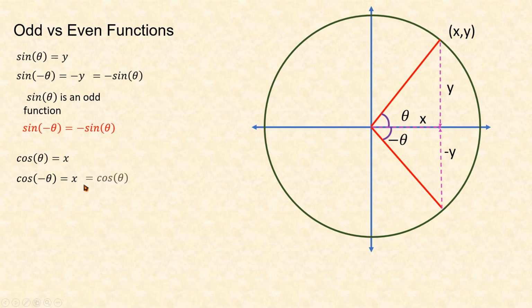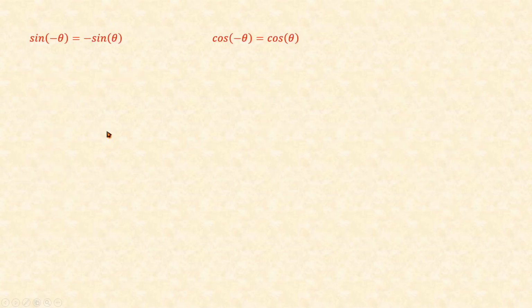Cosine of negative theta is the same as cosine of theta, so cosine is an even function. Here is what you want to remember, the one in red: cosine of negative theta is the same as cosine of theta, whereas sine of negative theta is equal to negative sine of theta.